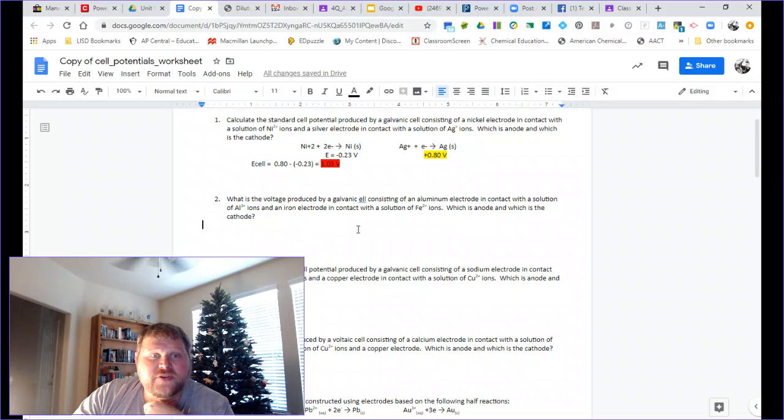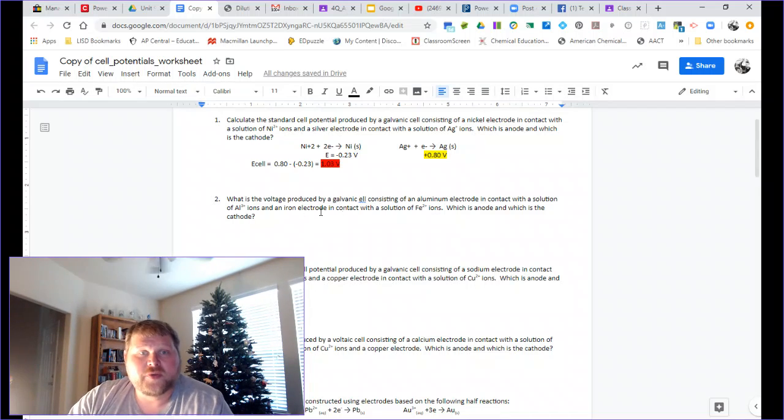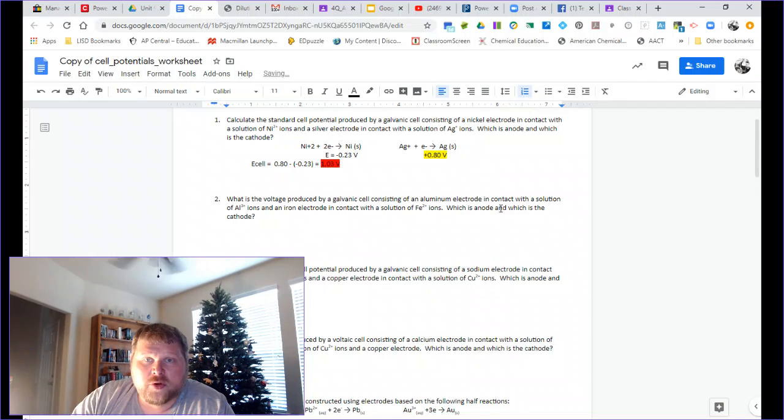All right, let's do maybe just 1 or 2 more. Number 2 here: what is the voltage produced by a galvanic cell consisting of an aluminum electrode in contact with aluminum 3 and an iron electrode in contact with iron 2? Which is the anode, which is the cathode? Kind of the same thing here.